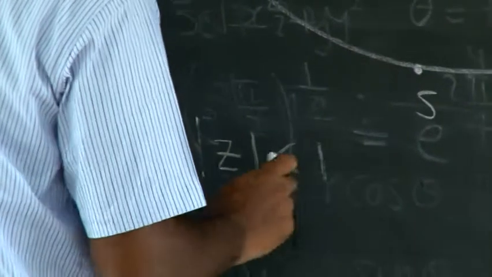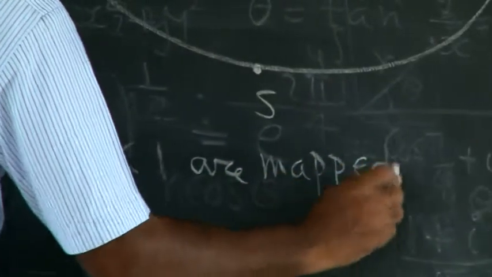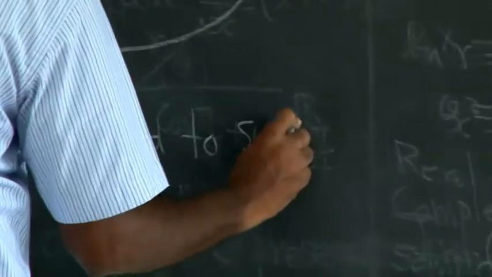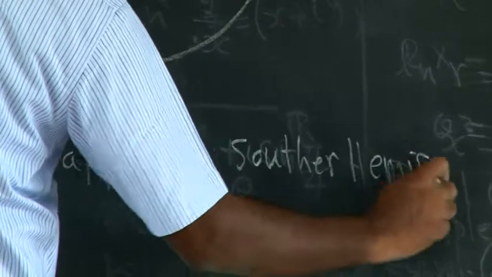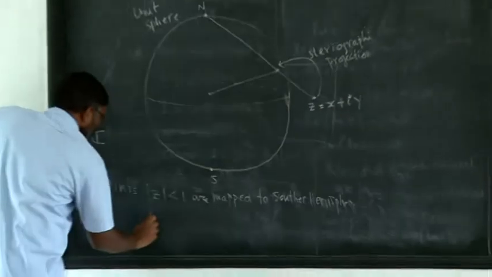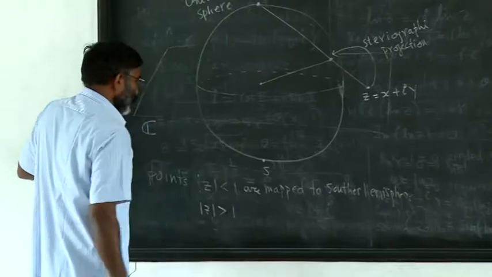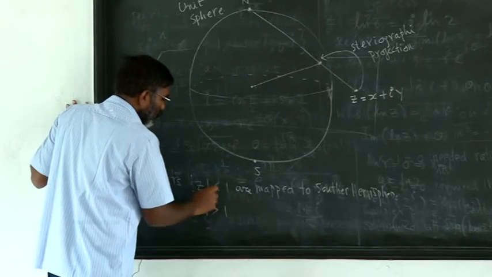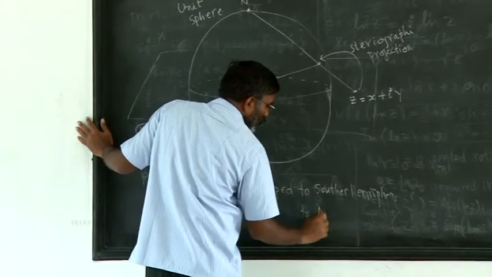Points with this are mapped to the southern hemisphere. And points with mod z greater than 1 are mapped to the northern hemisphere.